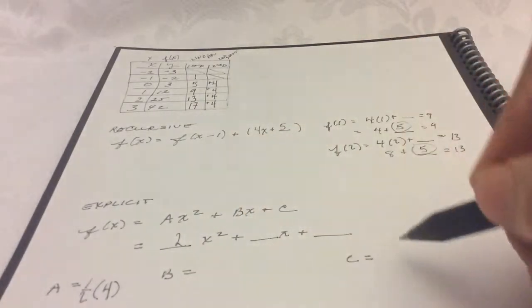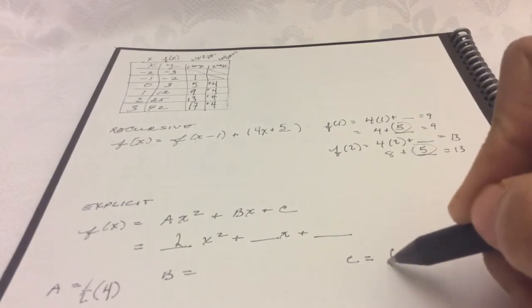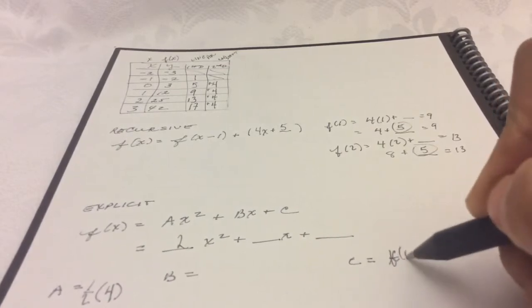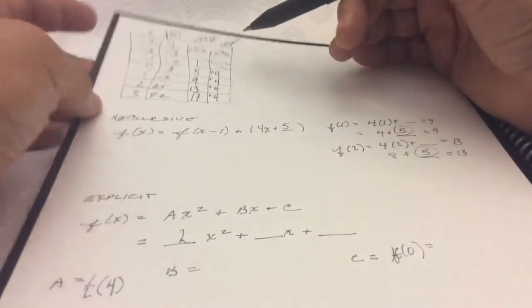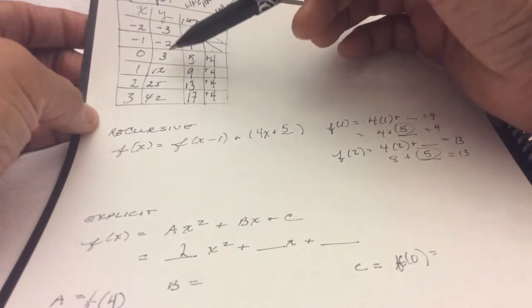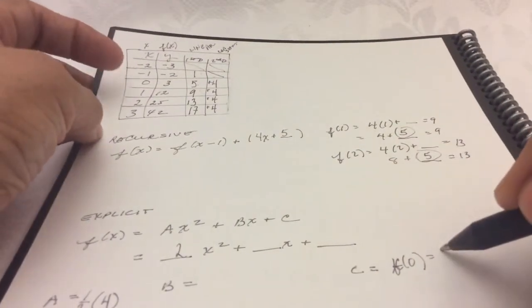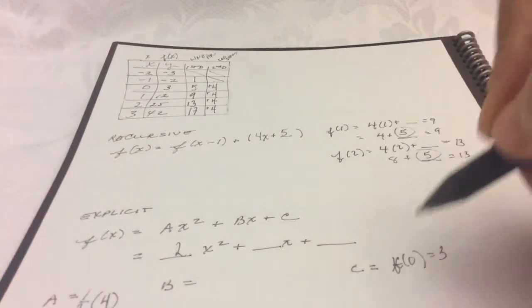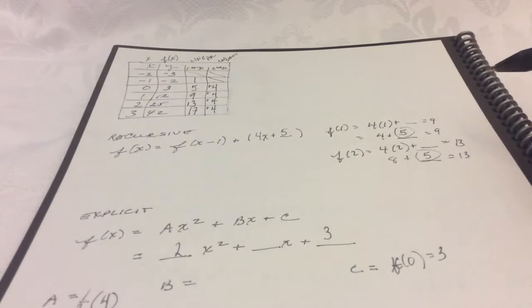Then we're going to skip b and come over here to c. And our c value is where we have f at 0. And if we look on our chart, we see the f at 0 in f of x is going to be 3. So we're going to put a 3 right here for our value of c, and it also goes right here in our equation.